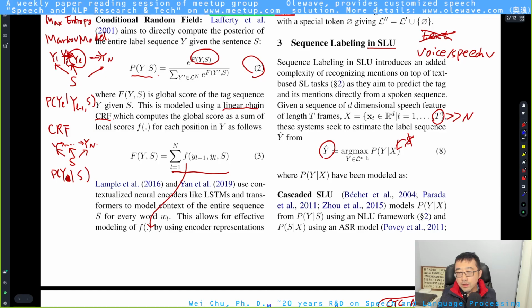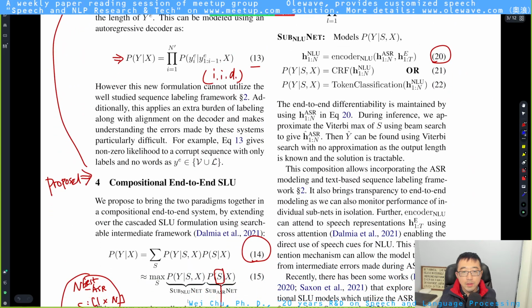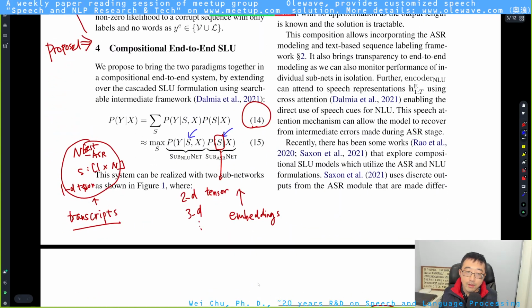And you can see the equation here, especially the compositional equation. I think maybe this one and this one. Something I can guess is that although in their equation number 15 they are using an embedding other than transcript, the transcript can definitely be converted into an embedding by just padding zeros.